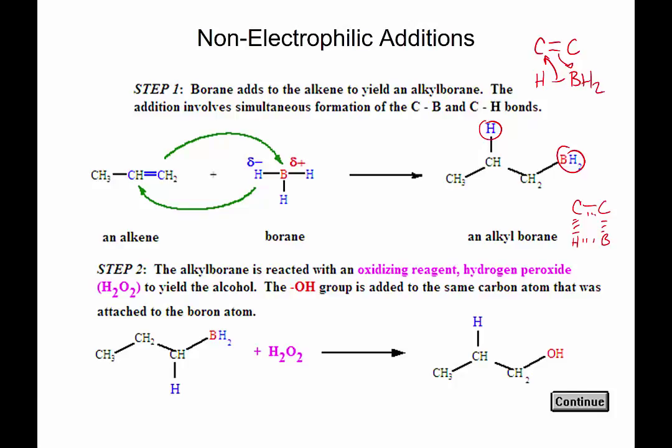So once I add the boron to the double bond, then I'm going to treat it with hydrogen peroxide, and by, again, another mechanism that I'm not going to get into, the BH2 gets converted to an OH. That's the role of the peroxide. So wherever the BH2 ended up, that's going to become an OH.